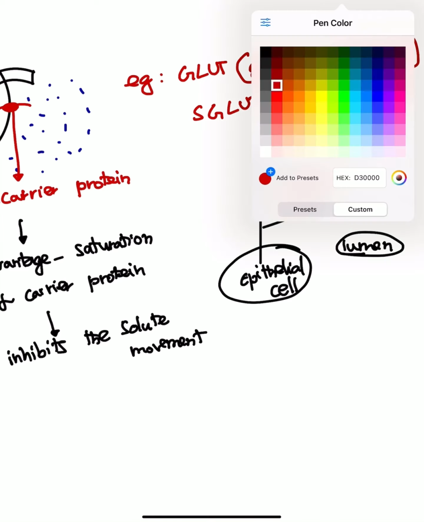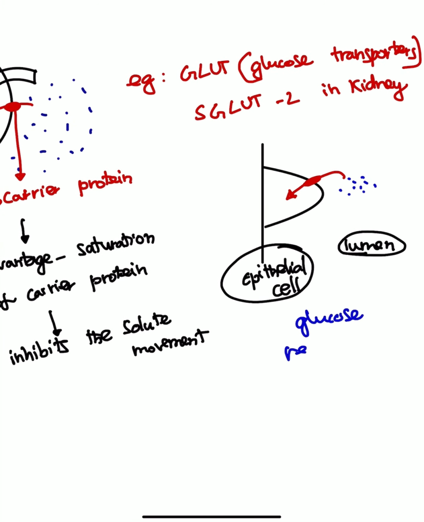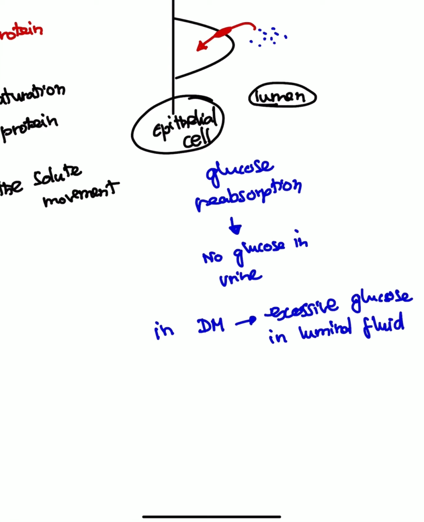and from there to the circulation. So if you see, out of the glucose that is filtered, 100% of glucose is usually reabsorbed with the help of the proteins present there. But imagine in diabetes mellitus, when there is excess blood glucose levels, when all this glucose is filtered in the glomerulus, this excess amount of glucose is going to saturate this carrier protein.